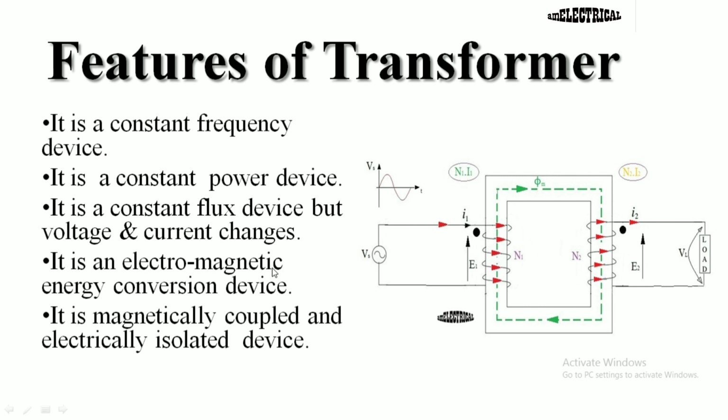Now the word electromagnetic, that means the electric energy from the primary winding is being converted to the secondary winding via a magnetic part. That's why in primary it is electric, secondary also electric, but in between them there is a magnetic part. That's why it is called an electromagnetic energy conversion device.